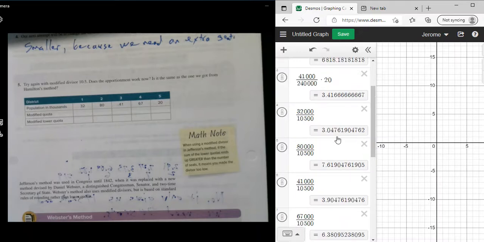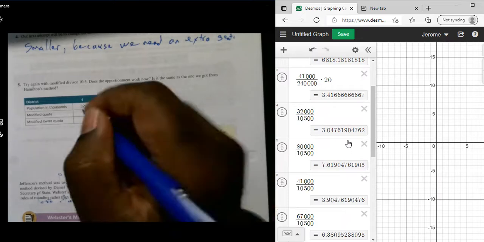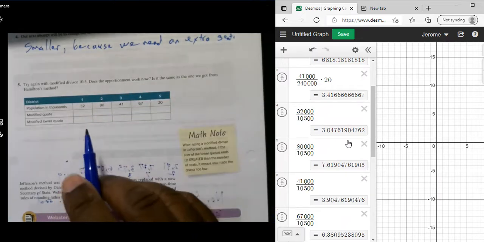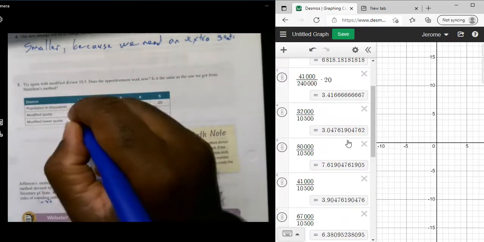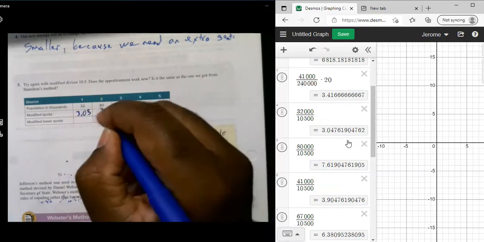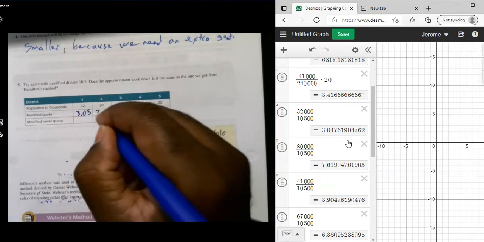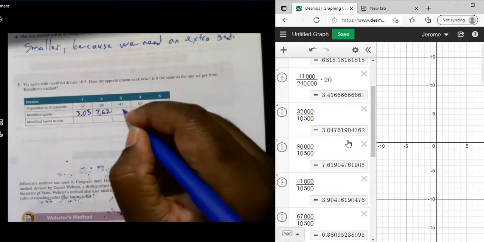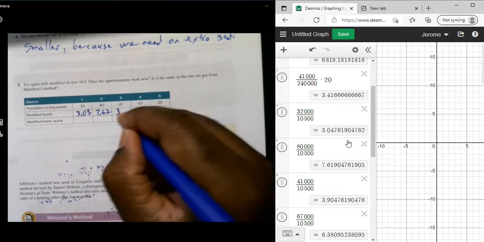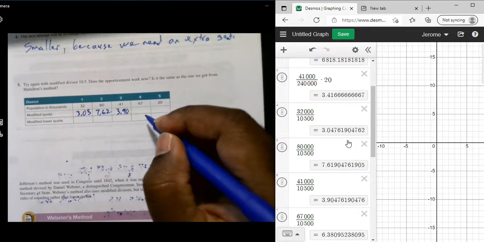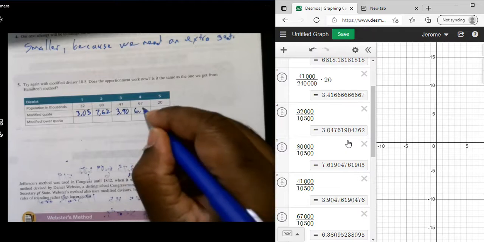Okay. So we go back here. The modified quota here for District 1 would be 3.05. District 2 would be 7.62. District 3 would be 3.90. District 4 would be 6.38.